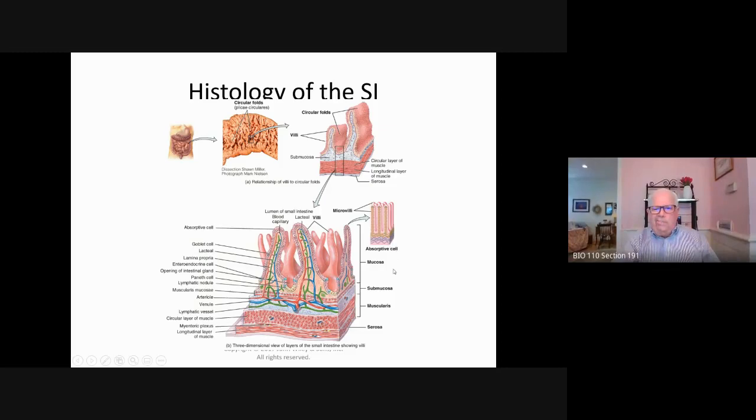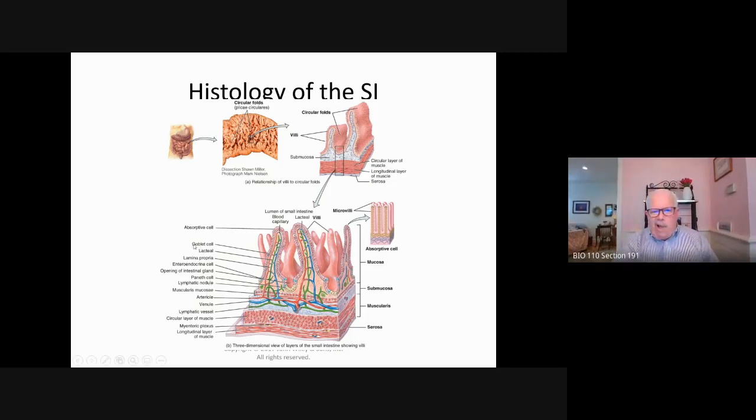You also have some modified cells in the small intestine. One of them is the Paneth cell, and the Paneth cell is full of macrophages. These are the cells that house killers of bacteria, the Paneth cell.